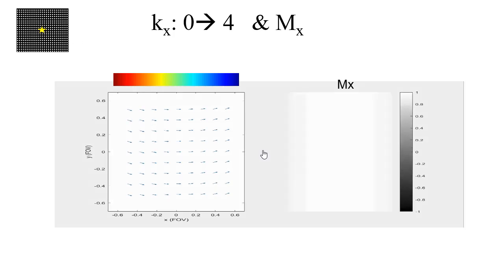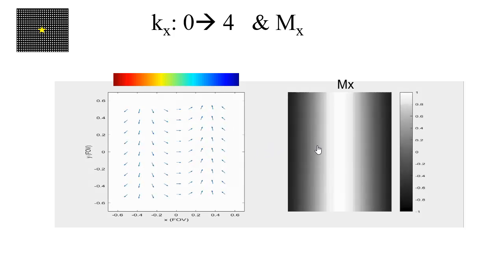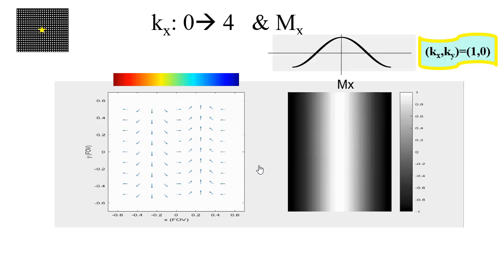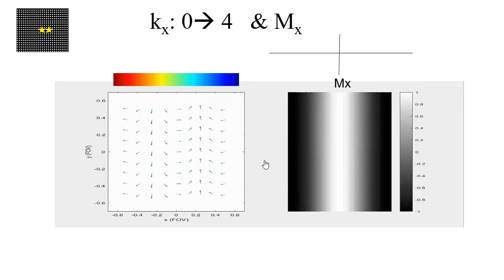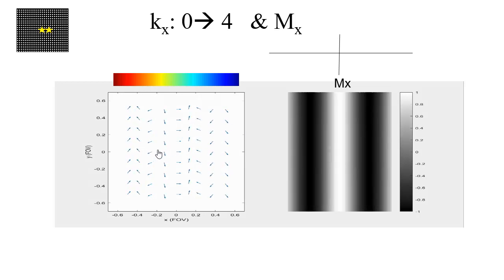Now, if we let time happen and let them evolve under the gradient, the spins do this. And this is just what we saw in the previous slide. And this is the kx equals 1 function. We associate that with this location in k-space. If we let time keep running, they keep winding up. Again, each one is just evolving at its own frequency.